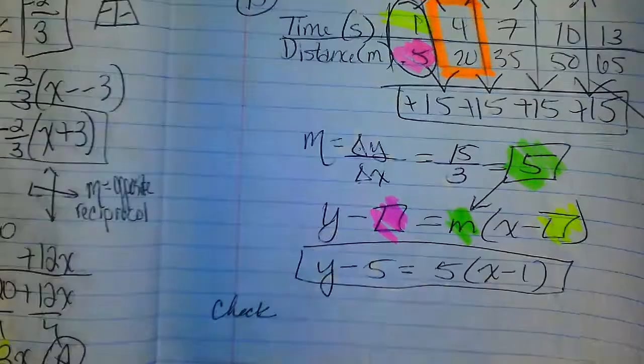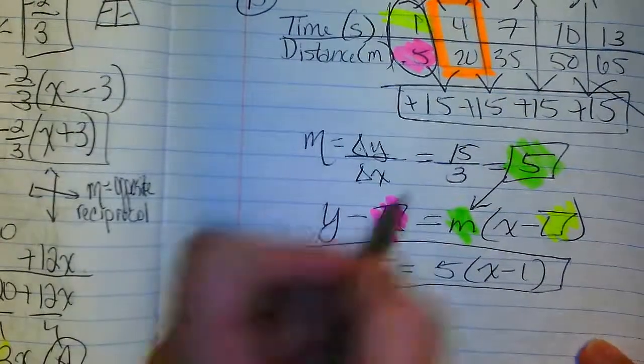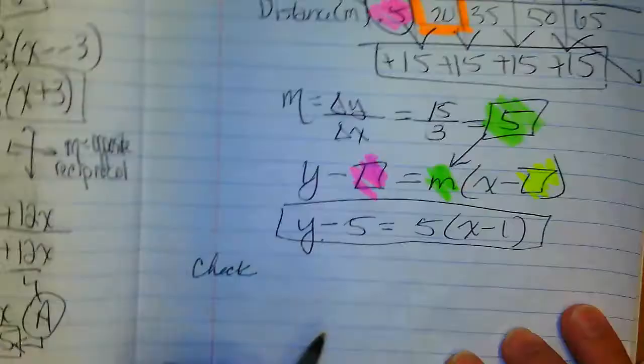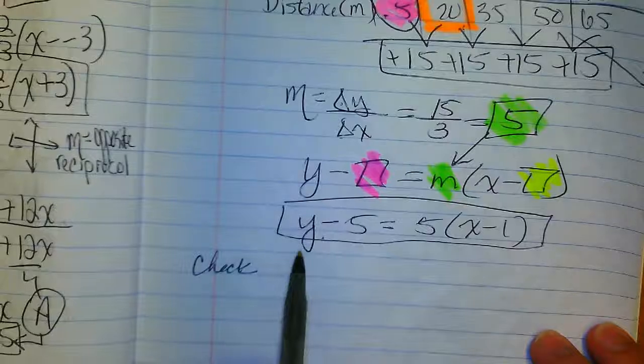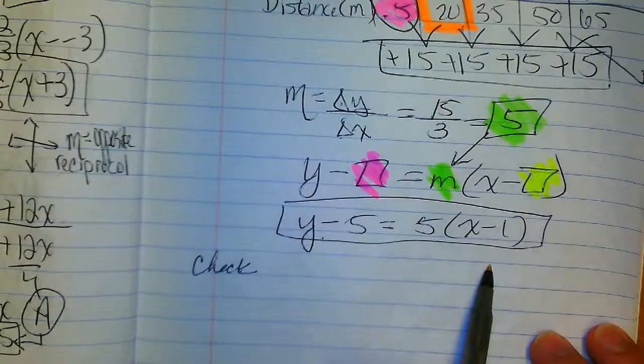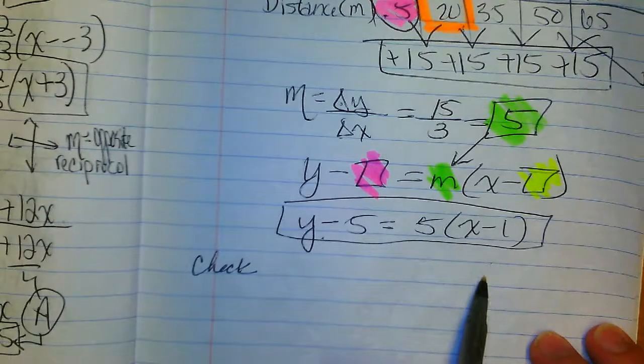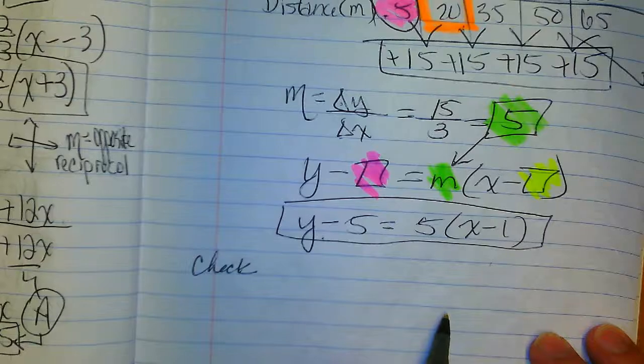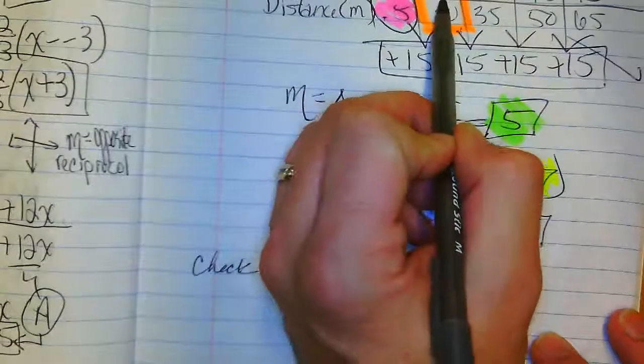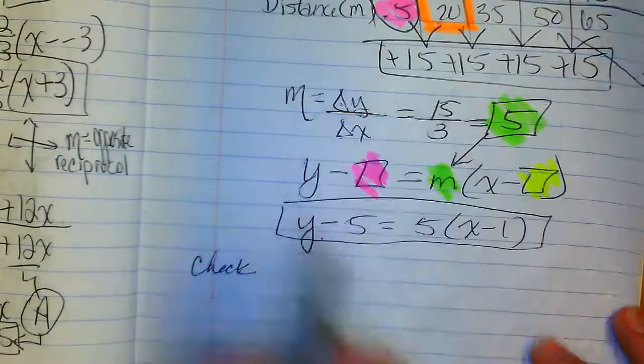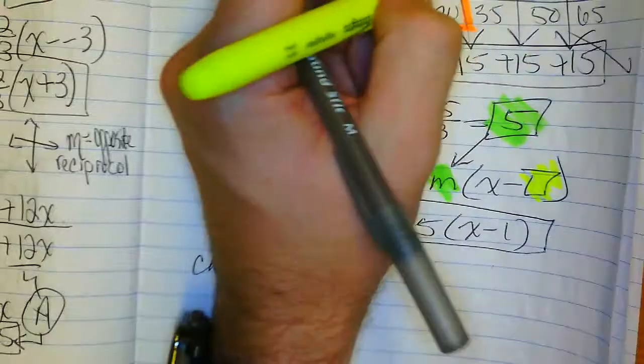Okay. So, here, our coordinate point is 4, 20. We're going to have to put that into x and y. Okay? So we have an x and y of 4 and 20. I'm going to highlight this again for you.